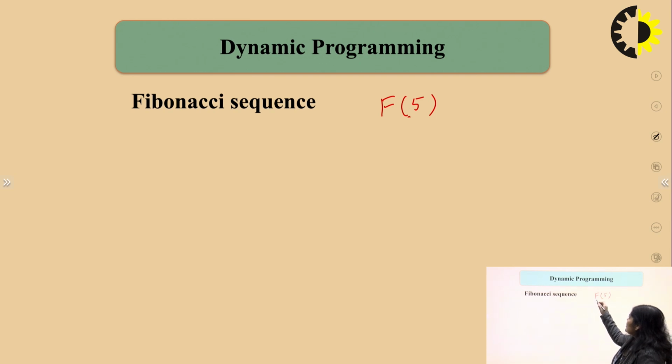So for example, if we need to find out F5, then as we already know, in the dynamic programming approach, we must be able to divide the problem into optimal substructures or the optimal sub problems. So I need to first divide this into finding out the solution of F5. How can I find out a Fibonacci number?